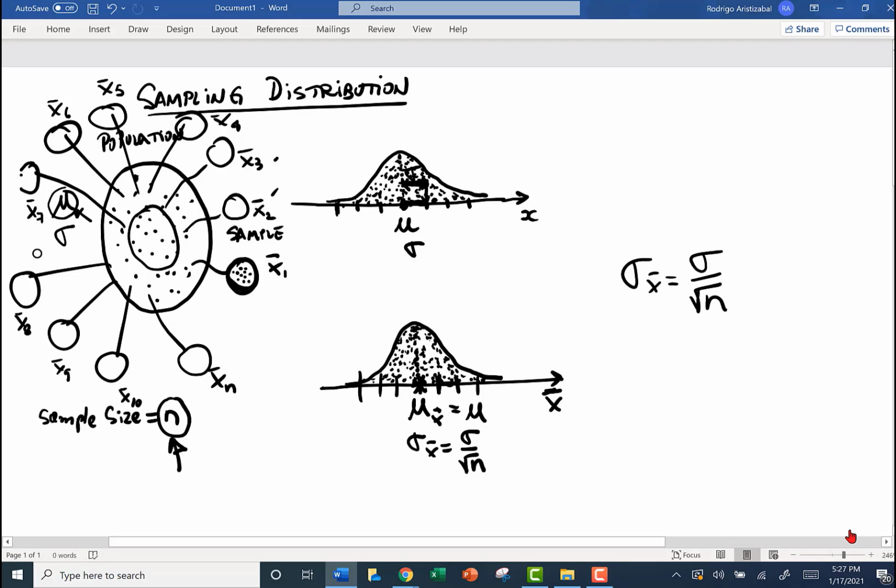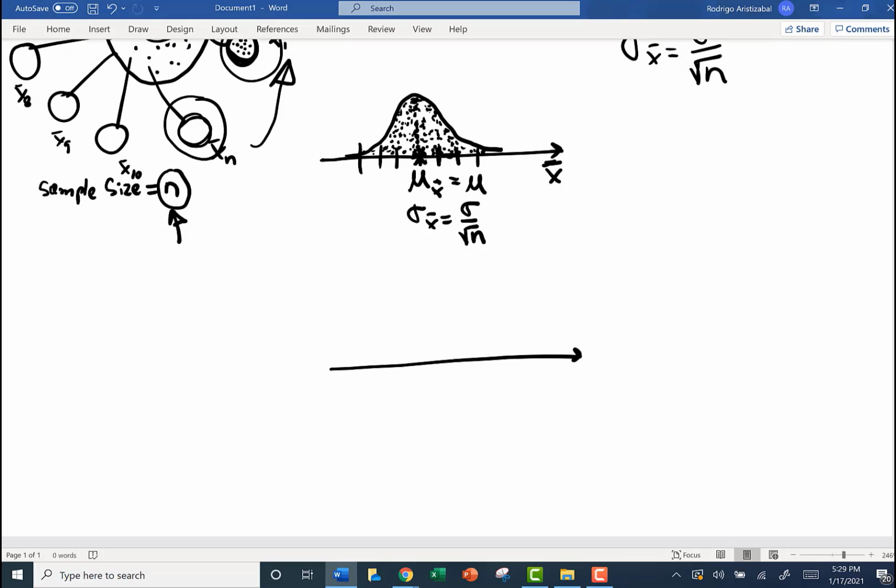If I increase the sample size of all of these samples, all of them the same size, and I compute the mean and plot all of these samples on a number line, the majority of the samples will be plotted close to the true mean of the population. When I finish plotting all samples on this number line according to the sample mean of each sample, I will obtain a normal distribution.